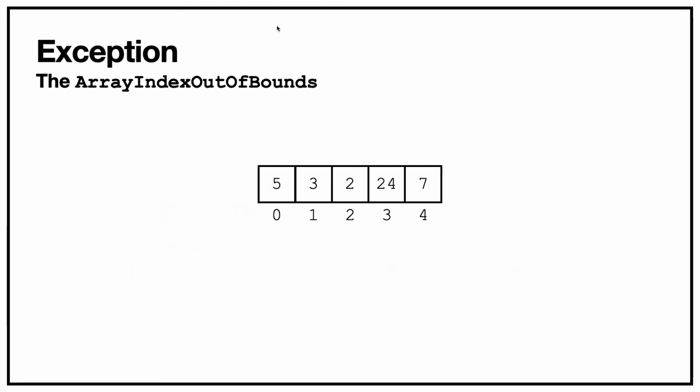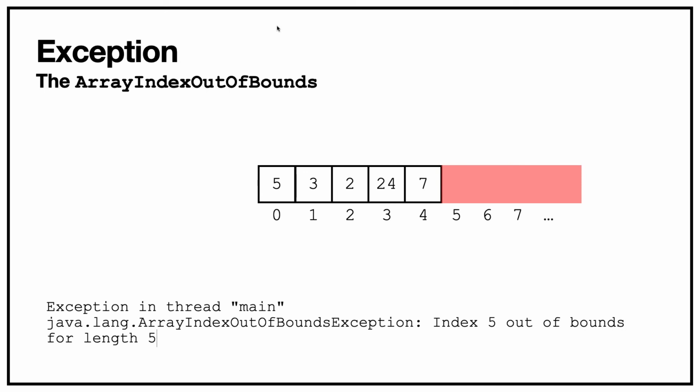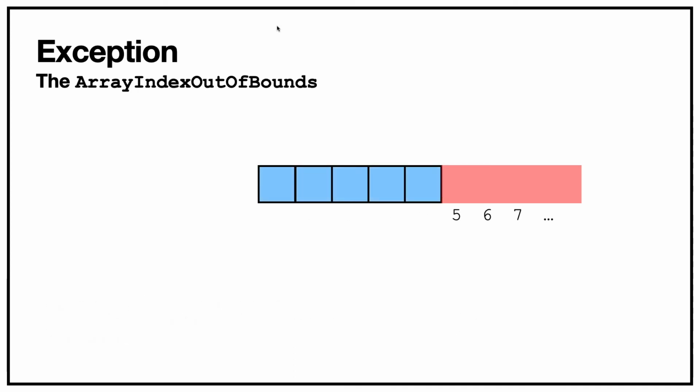In similar fashion, when you're trying to access values that are beyond the 4, notice that 5 is there, and that's a common mistake because you know you have 5 values. You're trying to access index 5, and that will give you an array index out of bounds exception. So every time you're dealing with arrays, make sure you're dealing with the boundaries that you need.